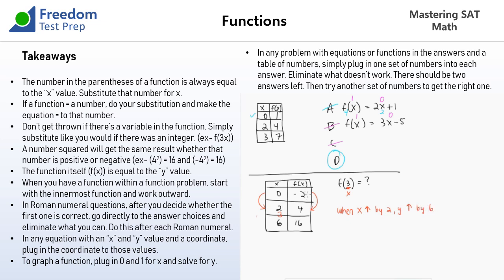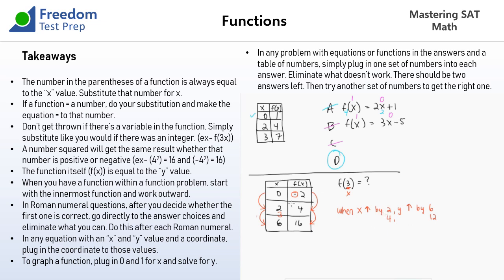So you have to remember, it's not going up by 2. This is a negative here. All right. Then we can say when x goes up by 4, from 2 to 6, right? When x goes up by 4, y goes up by 12. Okay. Well, let's just see.